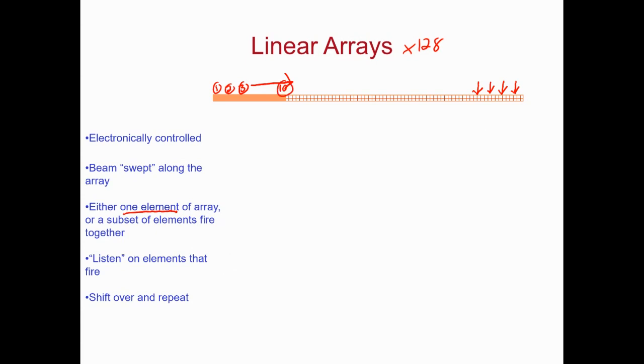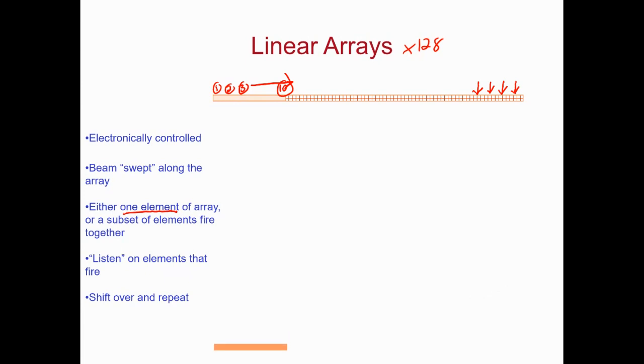You can control all of those to fire together, because one transducer piezo crystal is pretty small. You put 10 of them together, it's a decent sized beam. All 10 of those fire together, and then you listen on those elements. Then you shift over and fire another one. It looks kind of like this.